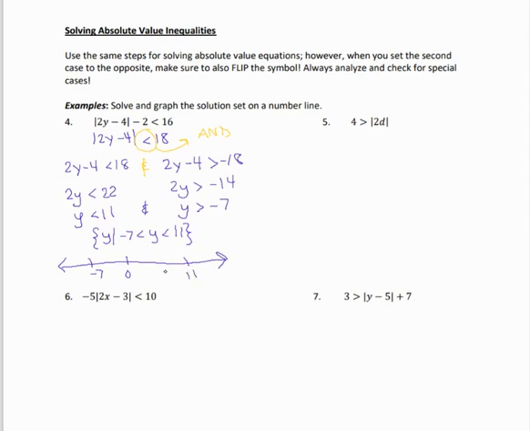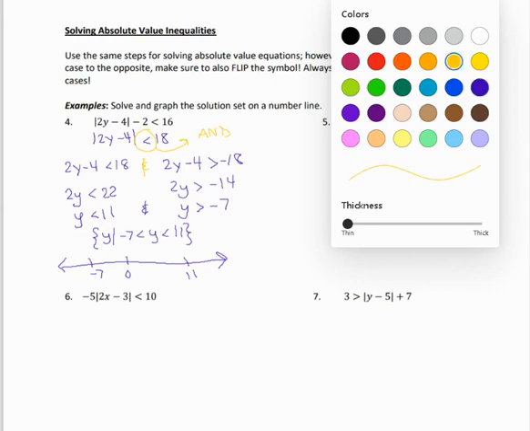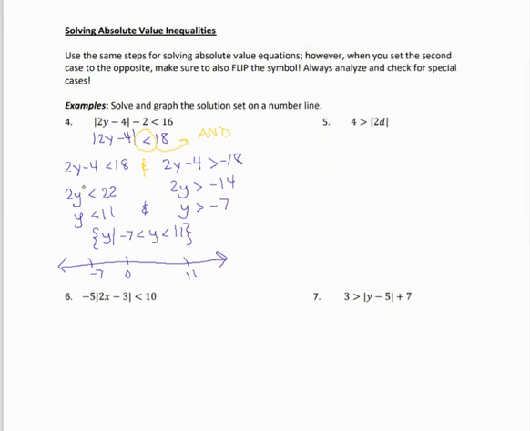We'll take a different color. And let's graph. So y is less than 11, open circle. And at the same time, it has to be greater than negative 7. So I can't keep going. I have to stop. So there's my solution for number 4.